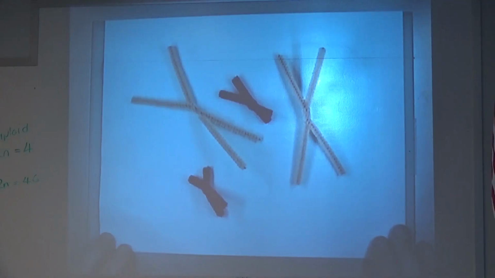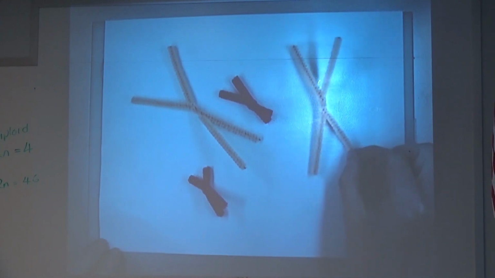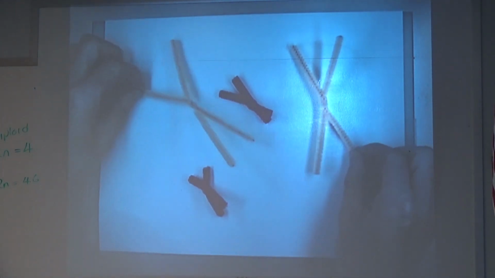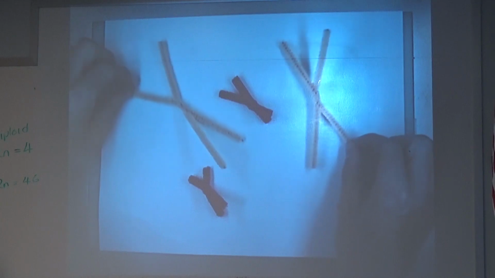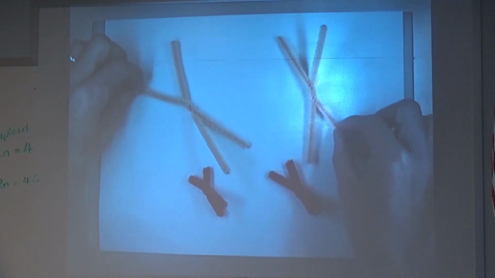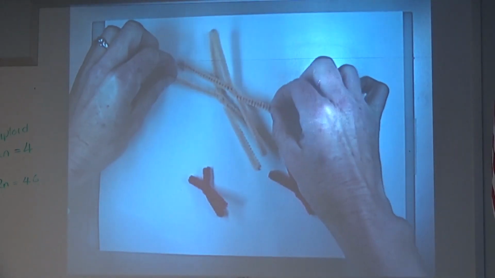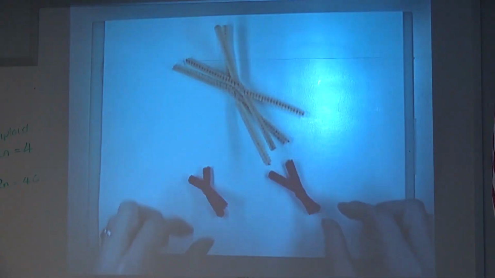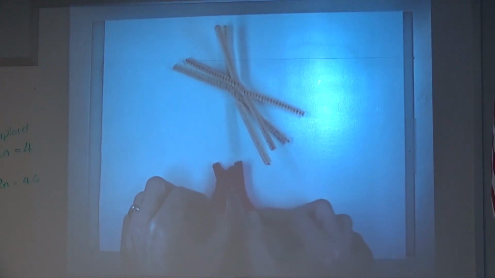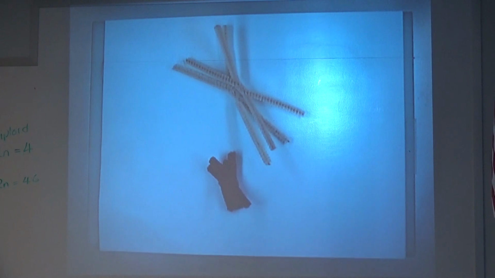But now something different is going to happen. Different to mitosis. What's going to happen is the 2 chromosomes that are a pair, this one and this one, they're going to find each other and they're going to snuggle up with each other like this. And this pair is going to find each other and they're going to snuggle up with each other like this.